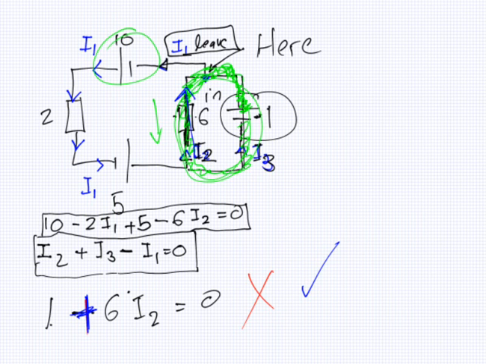Let me just write that one again. 20 minus 10 I1 plus 5. V is equal to IR, V equals IR, yeah.